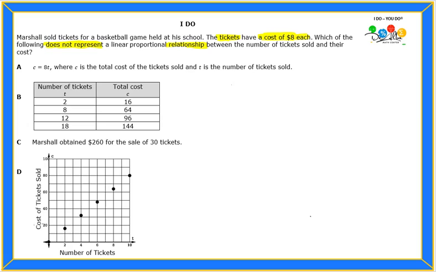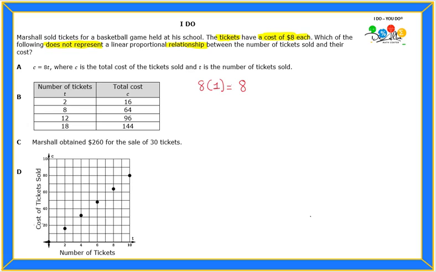So for example, let's pretend that he sells only one ticket. How much money will he collect? What will be the total cost for that? This will be 8 times 1, and that will be $8.